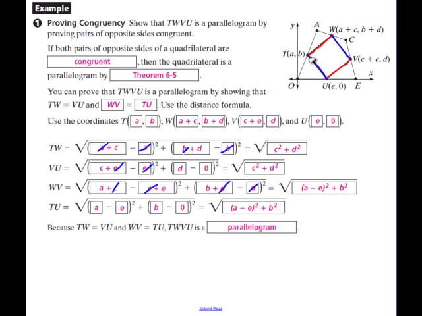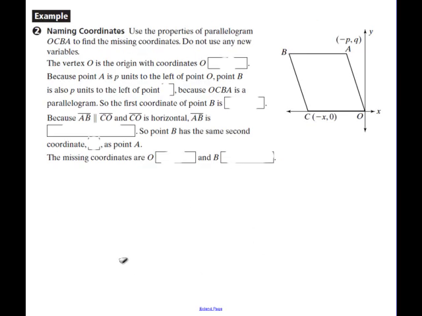So you're going to use this same figure with these same coordinates, but instead of finding the distance between T and W, you're going to find the midpoint between T and V. You may have to go back and look up that midpoint formula to find the midpoint between T and V and the midpoint between W and U. What you're looking to do is prove that the two midpoints are the same. So give that quick check a try as part of your homework tonight.